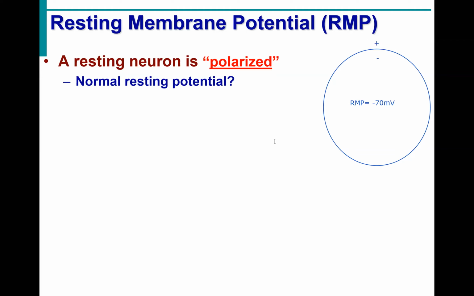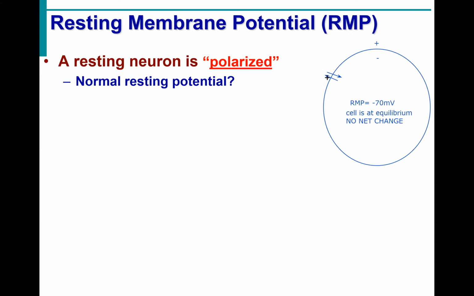Now, remember, when it's at rest, the cell is at equilibrium. And one of the most important things to remember, and again, we talked about this way back at the beginning of the class, but the important thing to remember about it here is when the cell is at equilibrium, remember equilibrium means that there is no net change. There is plenty of stuff that comes into the cell and out of the cell.